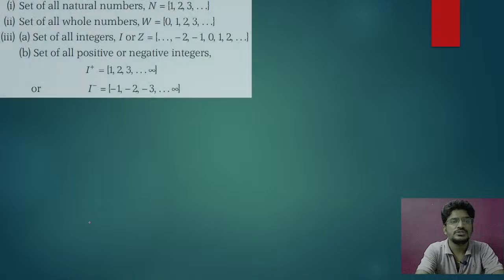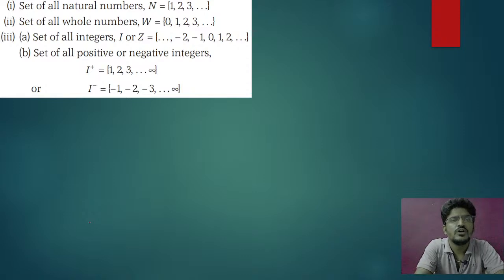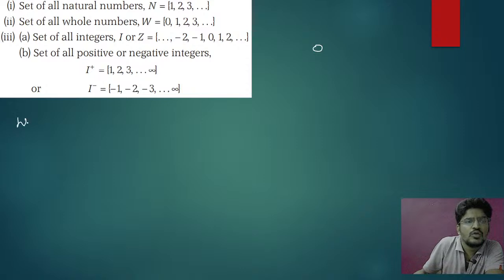Now see this. The next thing is the set of natural numbers, set of whole numbers, set of integers, and set of positive or negative integers. Here the very important discussion is about 0. So my question is, what is 0?